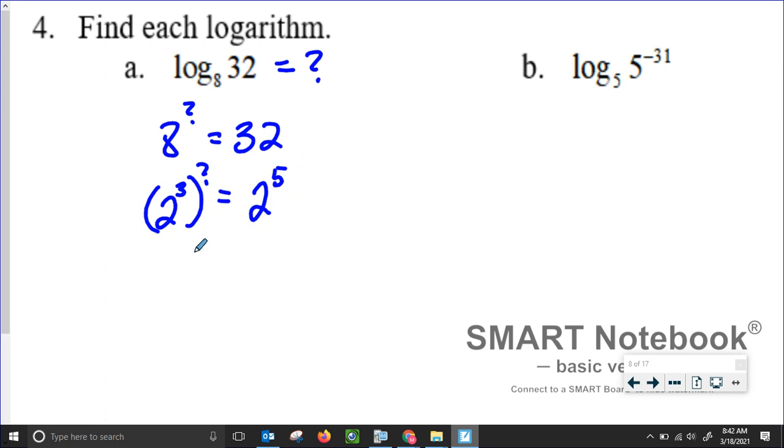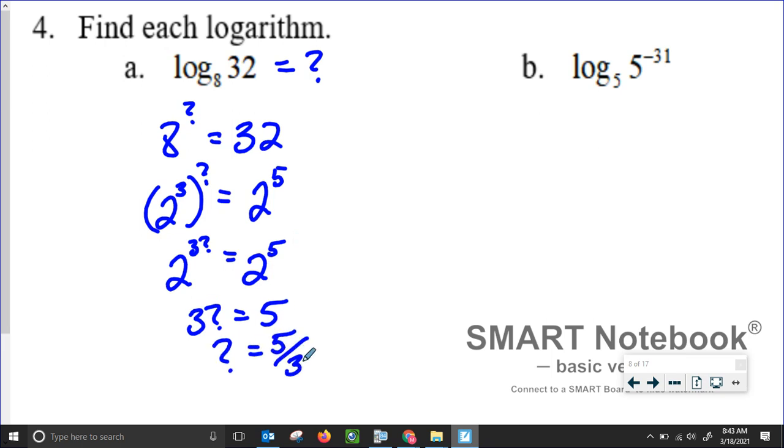Well, now we can multiply our exponents, and since our bases will be the same, we'll have 2 to the 3 question mark is equal to 2 to the 5th. So 3 times question mark equals 5. So question mark equals 5/3. Again, you could have just made this an x if you want.